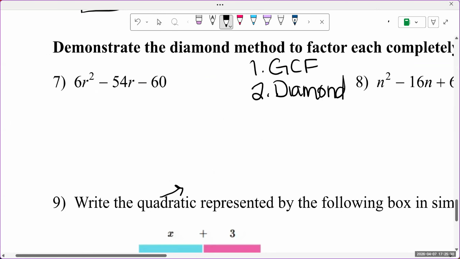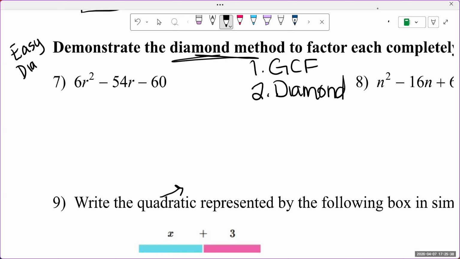Number 7. Okay, it says demonstrate the diamond method. Now, for this to be an easy diamond problem, we need to notice this quadratic is going to be fine. The coefficient in front of the r squared is 1, right? A 1 disappears. Here the coefficient is 6, which means I cannot use the easy diamond method.